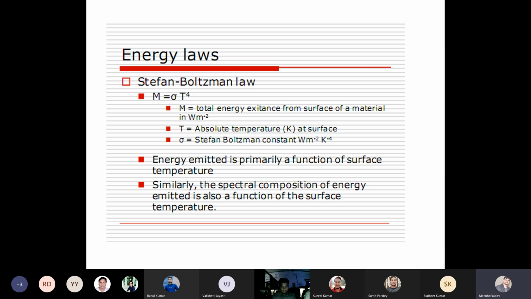All these energies are inherently similar and radiate in accordance with basic wave theory. Wave theory means they travel with the speed of light, and c is equal to nu times lambda.